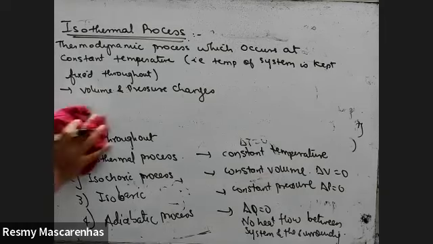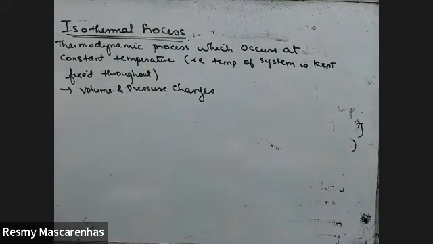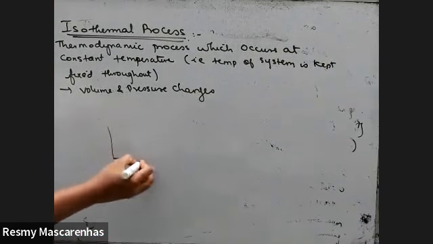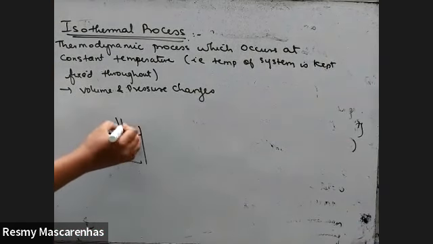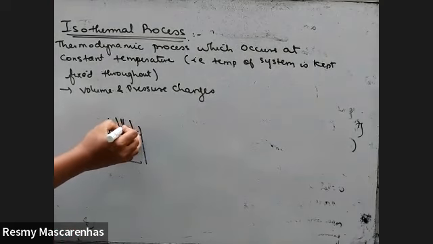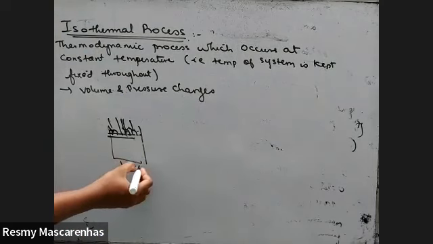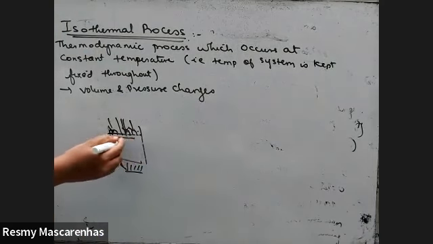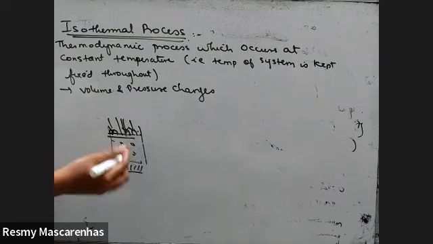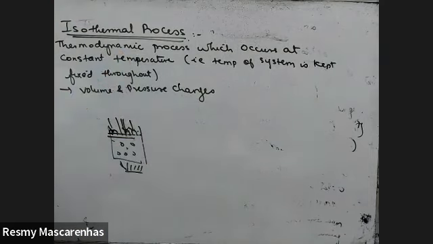But now this has to happen as a very slow process. Suppose you have that same piston, and now you're putting some load on that, some pressure, and now you're supplying some heat. Imagine suddenly you supply heat. Your aim is to keep temperature constant.